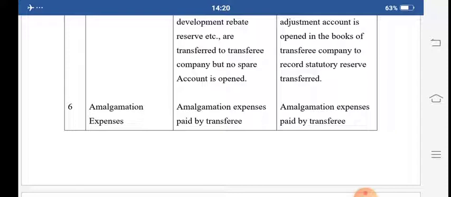But in the purchase method, the amalgamation expenses paid by the transferee company are adjusted to goodwill or capital reserve. These are the differences between amalgamation under the pooling of interest method and the purchase method.